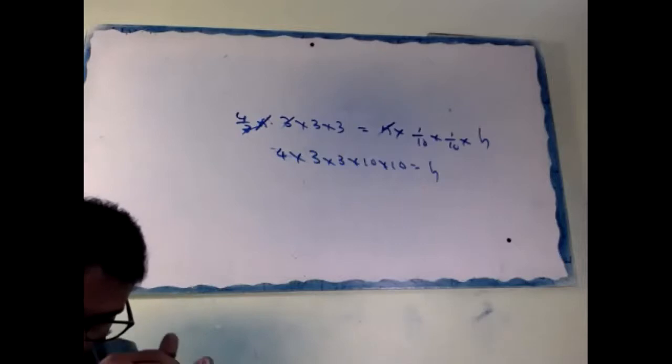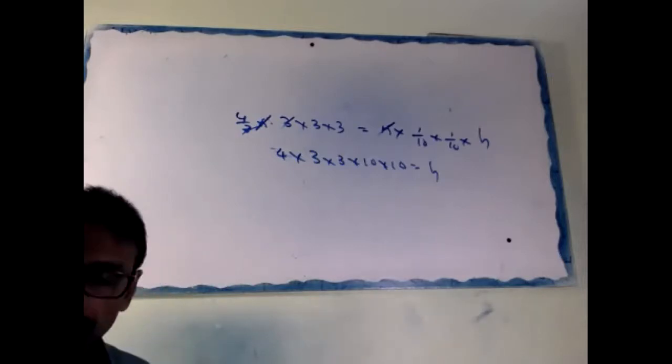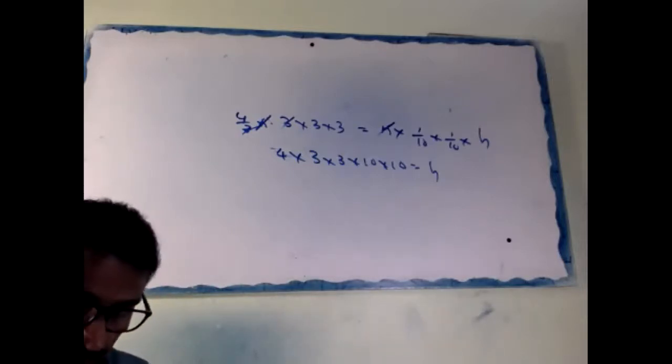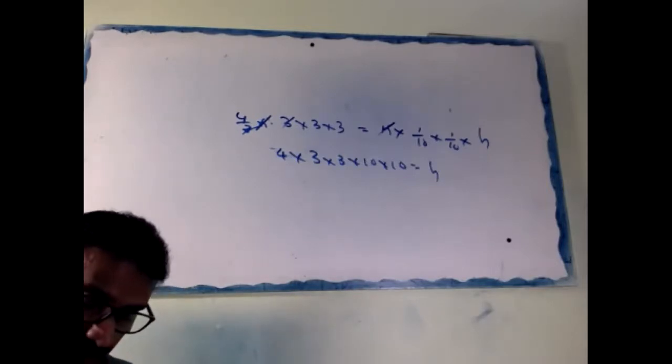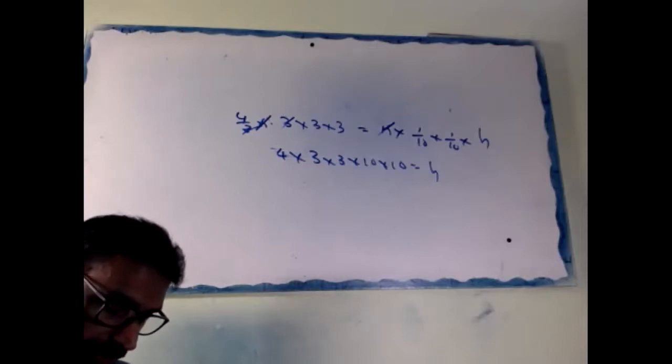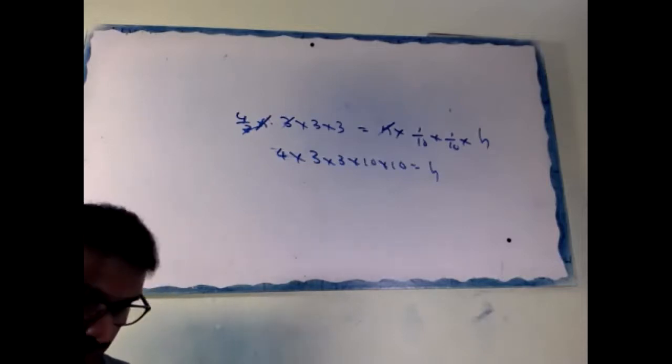The sphere is melted and drawn into a wire of uniform cross section.